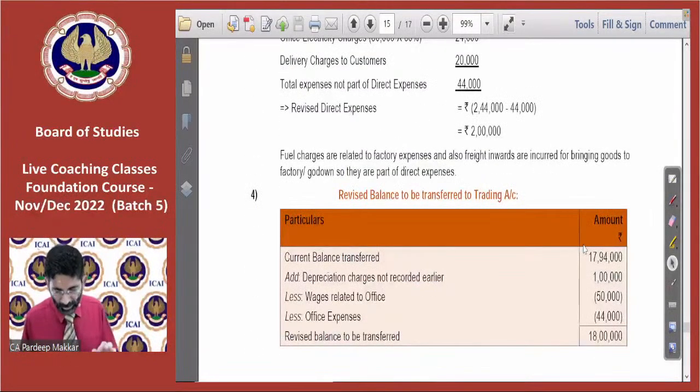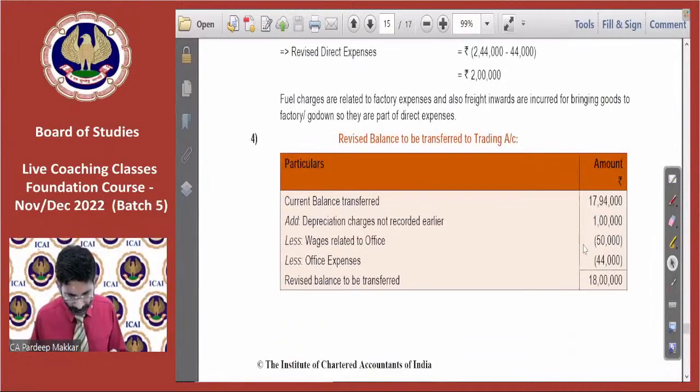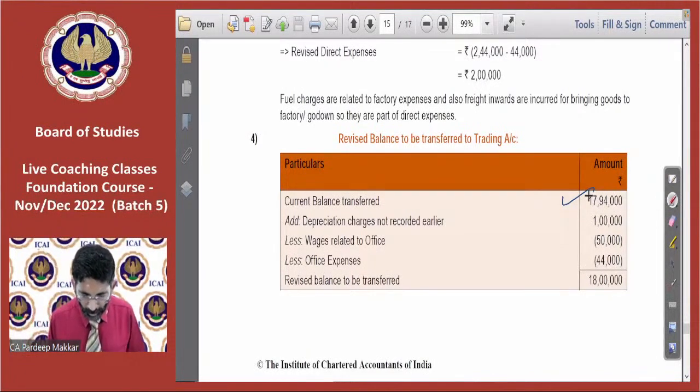Revised balance to be transferred to trading account. Basically, he says 17,94,000. This is the way how he has presented. He has presented current balances. Your 17,94,000. Depreciation charged not recorded, charges not recorded earlier. So these will be recorded.